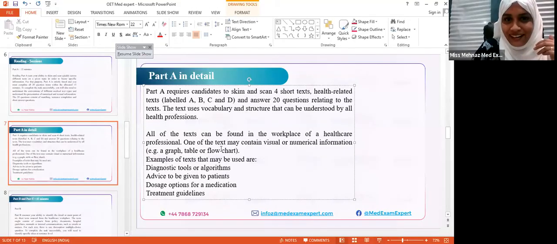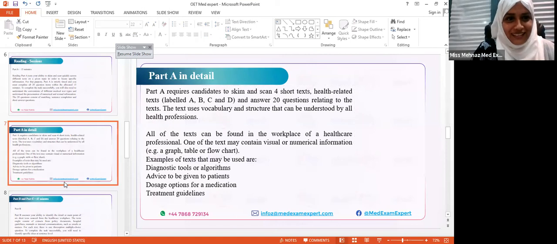Moving on further. So mostly we are done, and you got a wide outline of what parts A, B, and C are and how to go about them. I have just explained in detail what part C is. There will be two longer texts, as we have read. It will be health-related text, and there will be 16 multiple choice questions related to the texts.